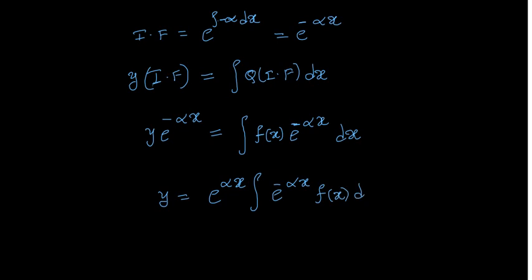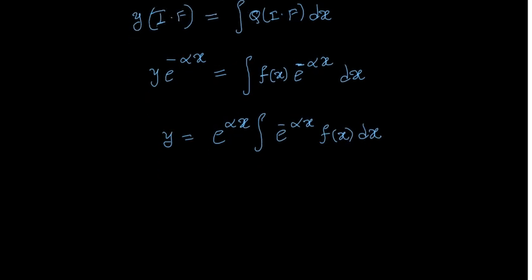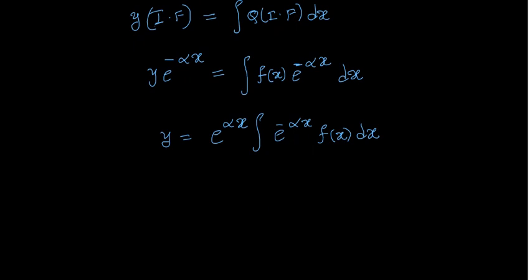Therefore you can see the formula for 1 by (D minus alpha) acting on f of x, because we assumed y is nothing but this expression, 1 by (D minus alpha) into f of x. So the formula is e power alpha x integral e power minus alpha x into f of x into dx.